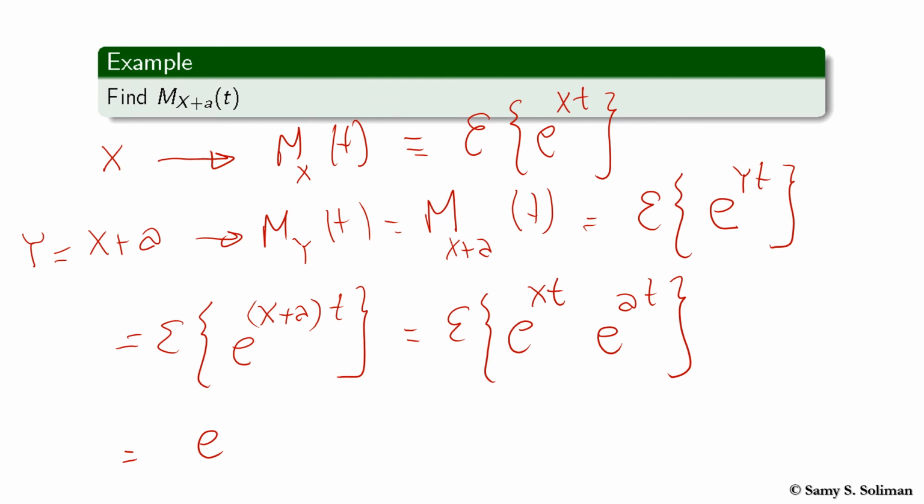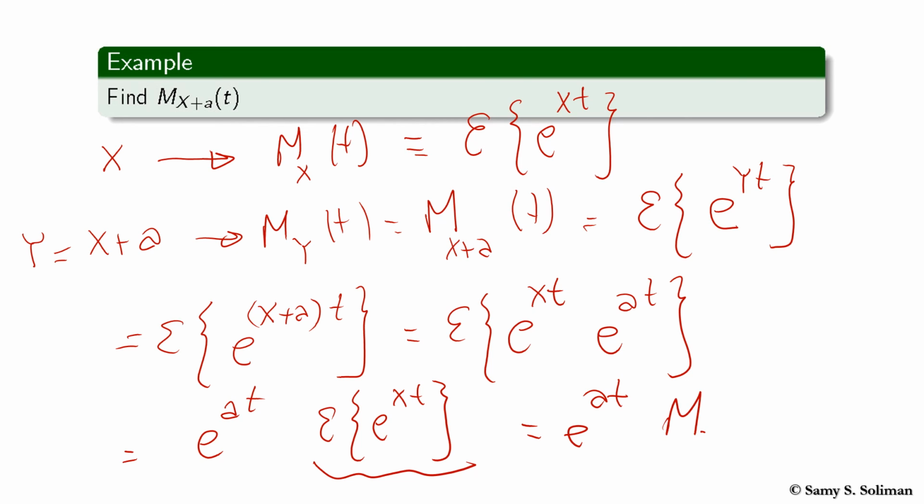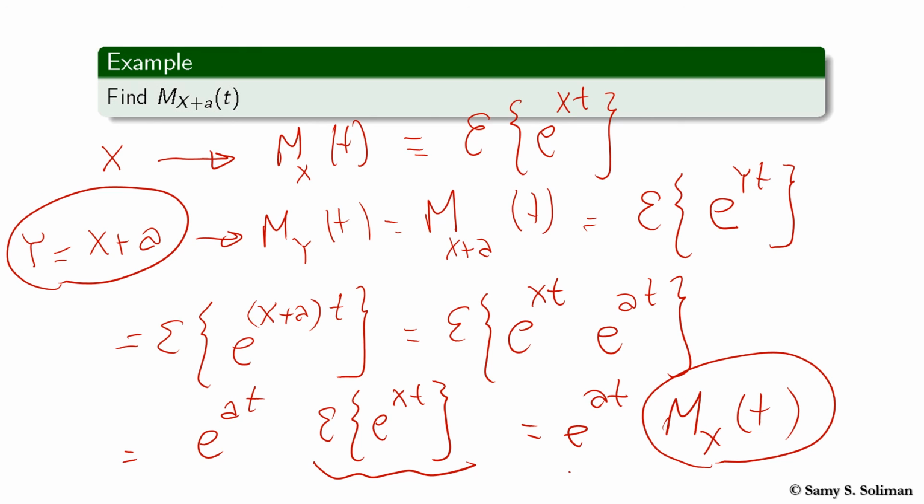So that is e power at times the expected value of e power Xt, and this is the definition of the moment generating function of X. So for a new random variable Y defined as random variable X plus a, its moment generating function equals the moment generating function of X multiplied by a constant e power at.